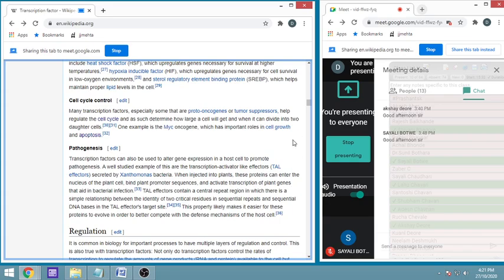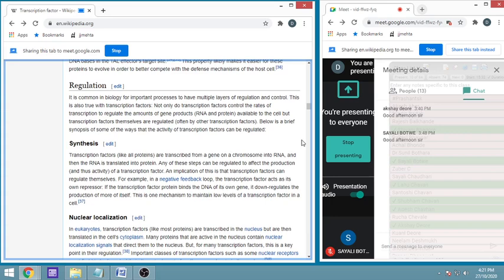We shall be seeing about their role in pathogenesis in human beings. Now their regulation: we have seen there are various regulatory mechanisms. There are multiple layers of regulation, and not only do the transcription factors control the rate of transcription to regulate the amount of gene product, that is RNA and protein, but they also regulate their own amount, level or activities.